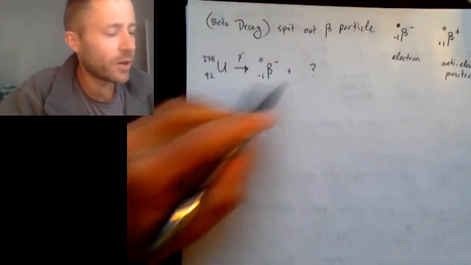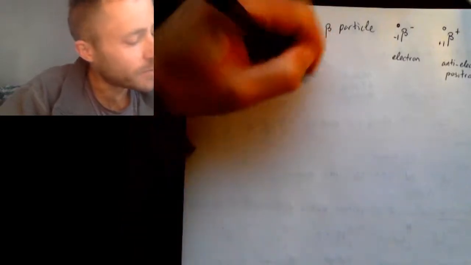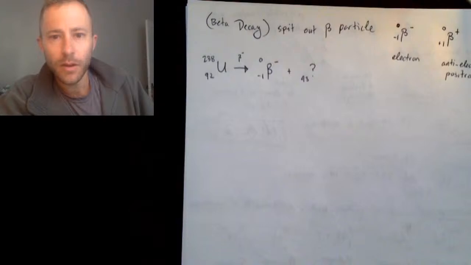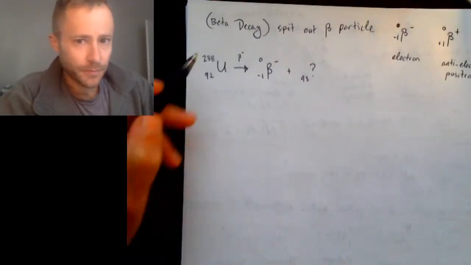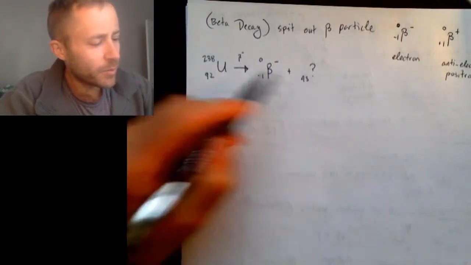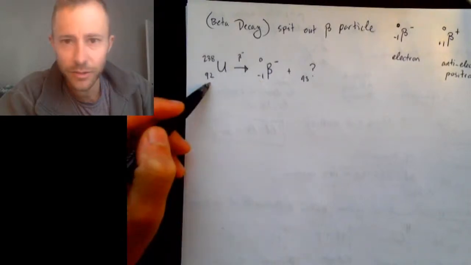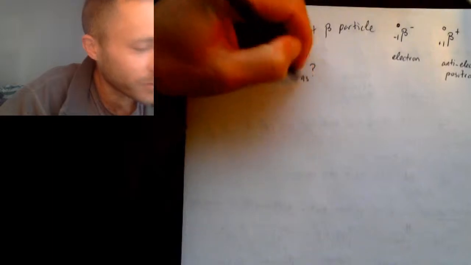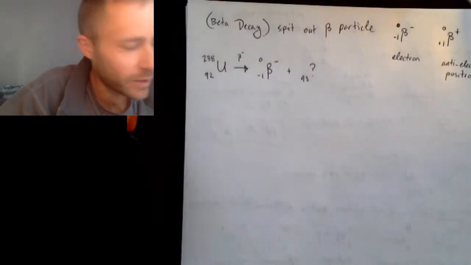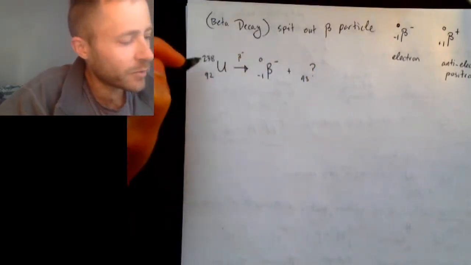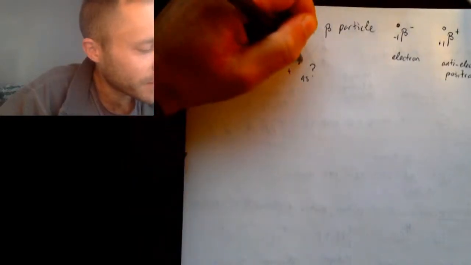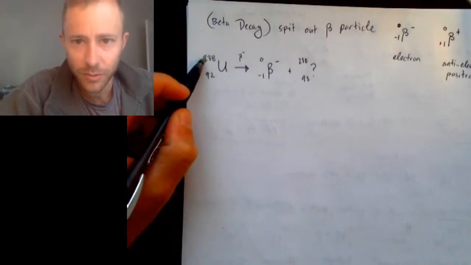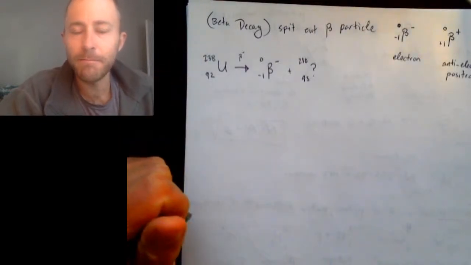Well, what would be the charge of this thing? It would have to be 93, okay, because 93 plus -1 is 92, all right? So the charge number, the atomic number is 93, and the mass number would be 238, because 238 plus 0 is equal to 238, all right?